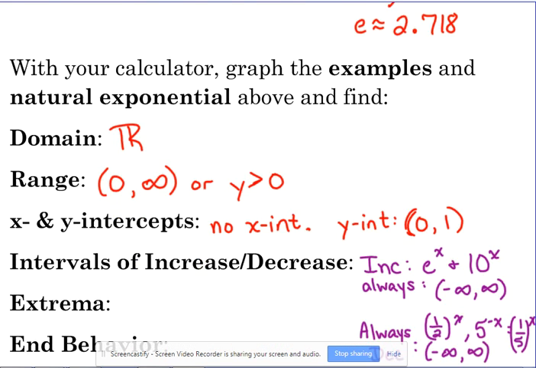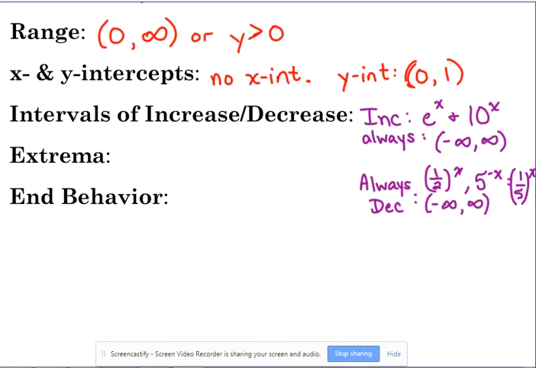Okay, so when a is greater than 1, always increasing. When a is between 0 and 1, I don't want to say just less than 1, because less than 1 would imply negative numbers, and we put the restriction on there that it's got to be greater than 0. Okay. But that's something you need to recognize.